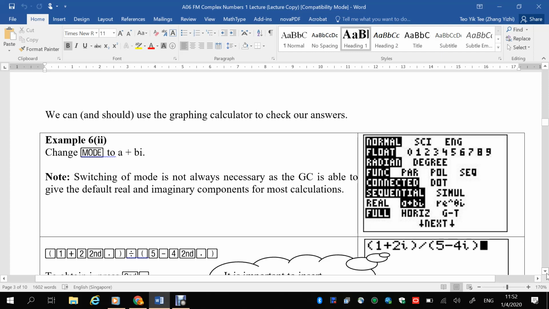Please make sure you remember your basic rules, brackets, all these things. Can or cannot? Can. Comfortable using a calculator?